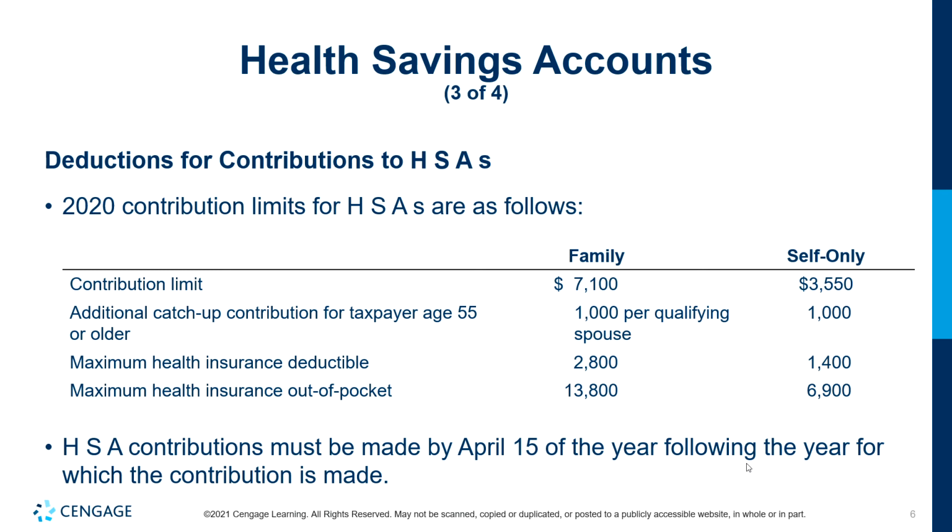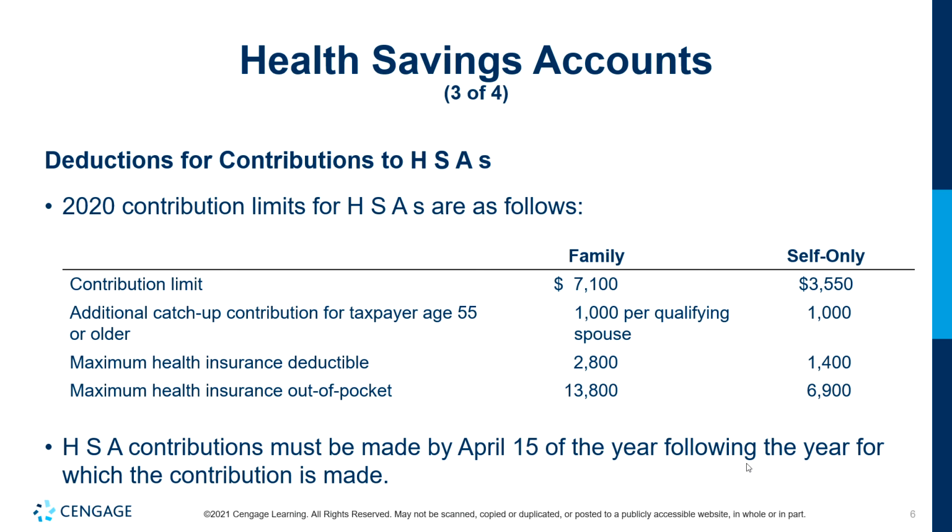Now, the minimum health insurance deductible has to be $2,800 for family or $1,400 for self. The maximum out-of-pocket is $13,800 for family and $6,900 for self. Okay.